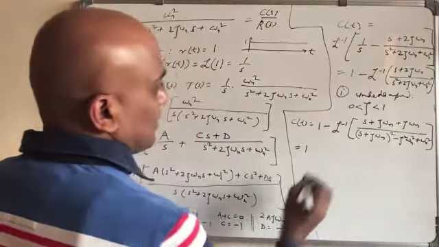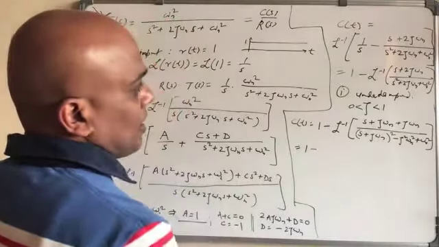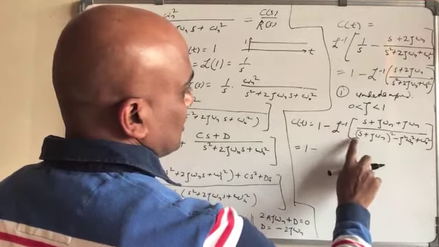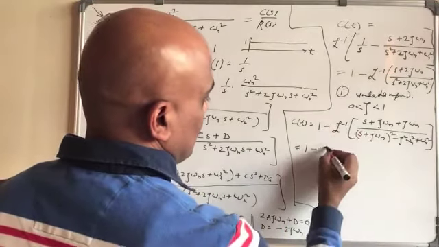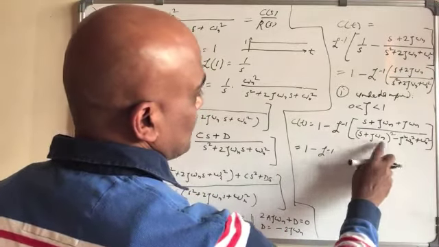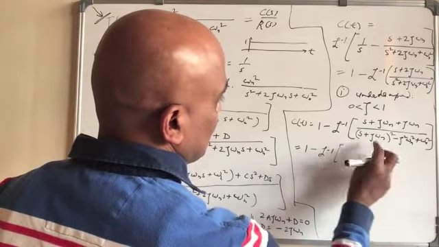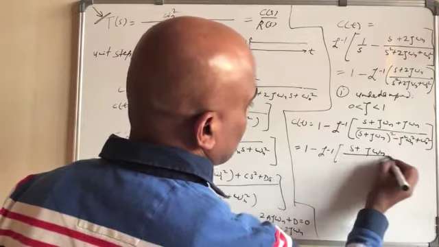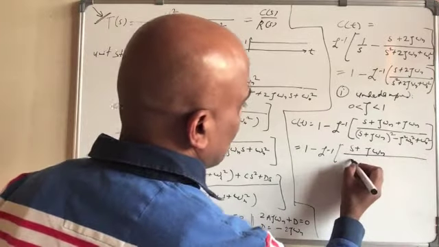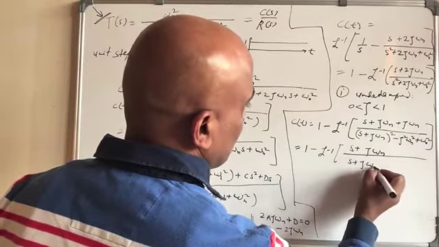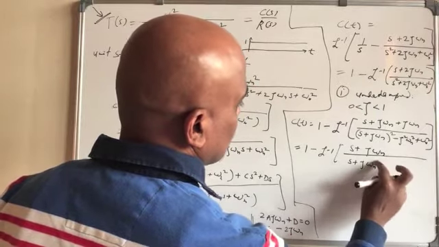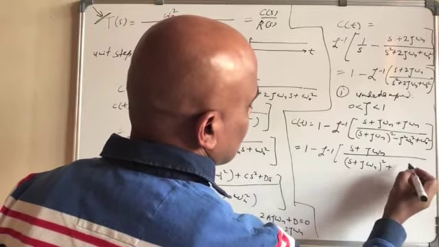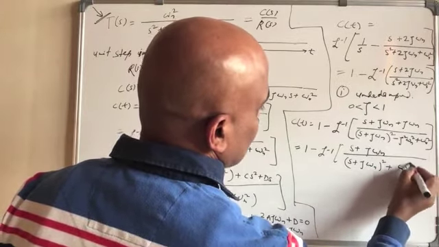1 minus, okay, so we get L inverse, and S plus zeta omega n, so we can split into two. So one will be S plus zeta omega n divided by, and here we get (S plus zeta omega n) square plus omega d square.